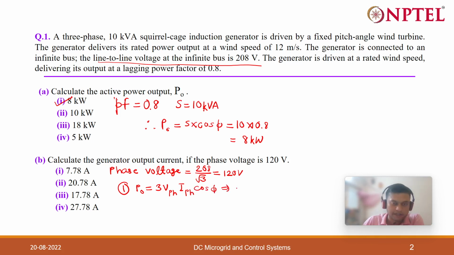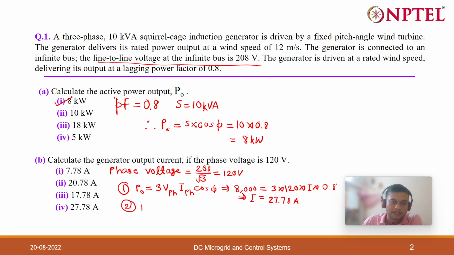From there, 8000 into 3 into phase voltage given as 120, and we have to calculate the current, into cos phi, which is given as 0.8. So from here you will get the generator output current as 27.78 ampere.